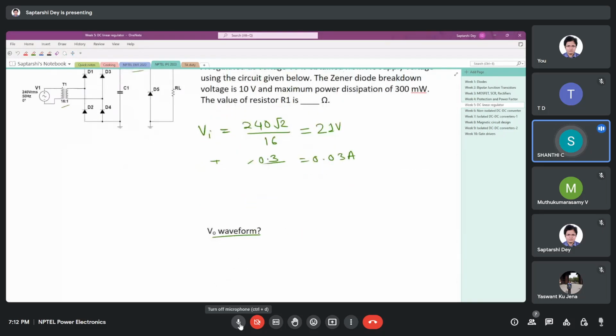Here the input current waveform will also be a sinusoidal wave.